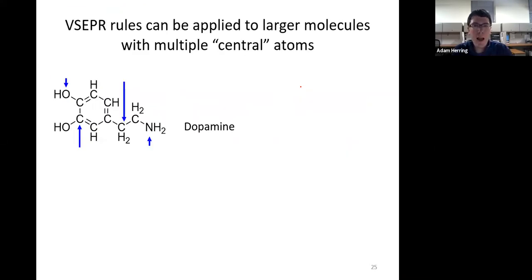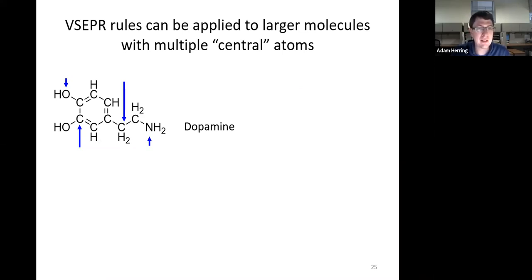Now let's take a look at larger molecules, ones with multiple central atoms. You should be able to do this. So what I'd like you to do is to pause the video and try to determine the electron domain geometries of each central atom. Keep in mind, all you need to do is focus on one atom at a time, and then you can evaluate how many domains it has and what the electron domain geometry is based upon that. Something that you'll notice here, however, is that the lone pairs of electrons are not shown.